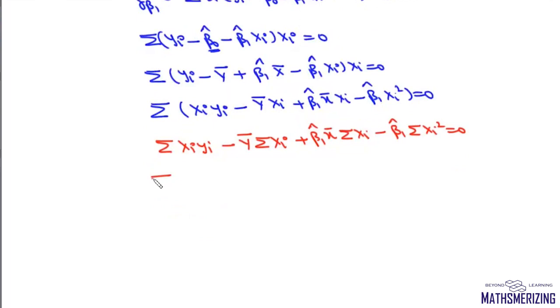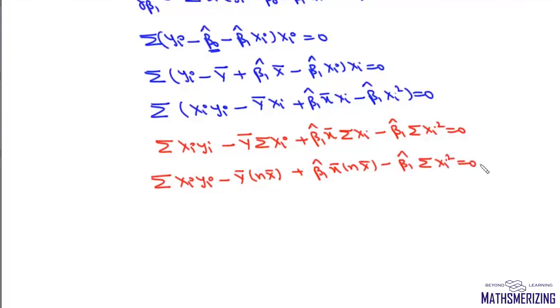Now this is summation xi yi minus, this is y bar, and summation xi is n into x bar plus, now this is beta 1 cap x bar, and this is n x bar minus, and here it will be beta 1 cap summation xi square, and it will be equal to 0.